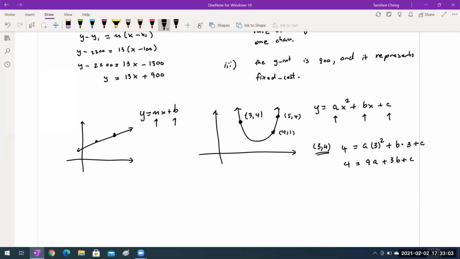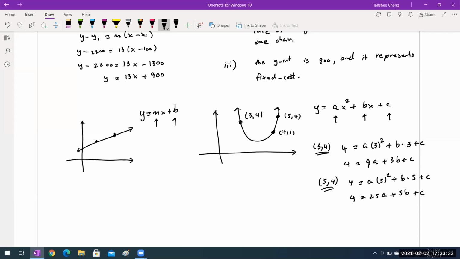Notice that I have 1 equation with 3 variables. If we want to solve for those variables, we need 3 equations, which means a system of equations. For the next point, (5, 4), we get 4 equals a times 5 squared plus b times 5 plus c, which is 4 equals 25a plus 5b plus c.